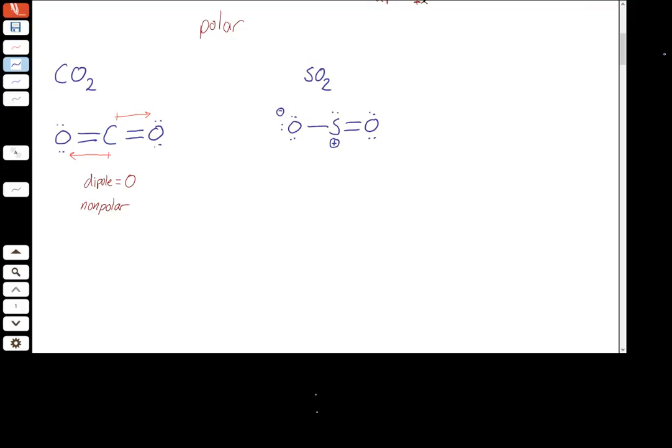But what's the geometry here? How many groups on that central atom? 3 groups. So what kind of electron geometry is that? Remember what it's called? Trigonal planar. Good. So if we include the electrons, we would draw like this.